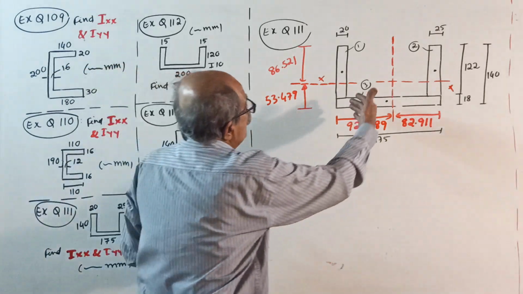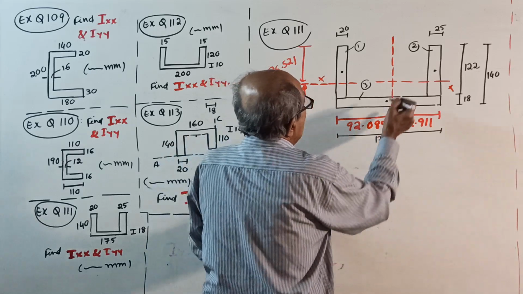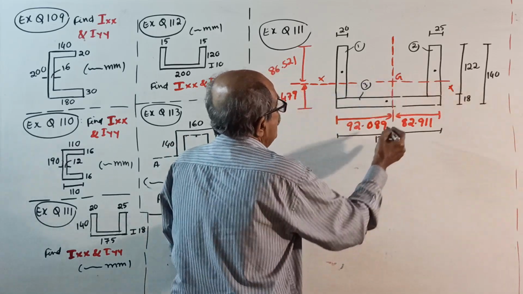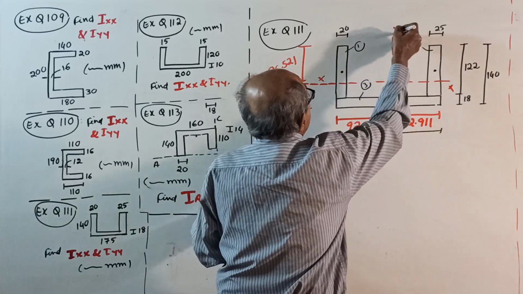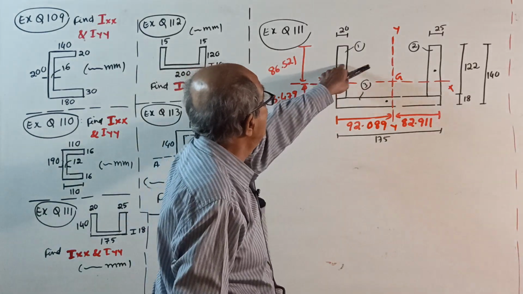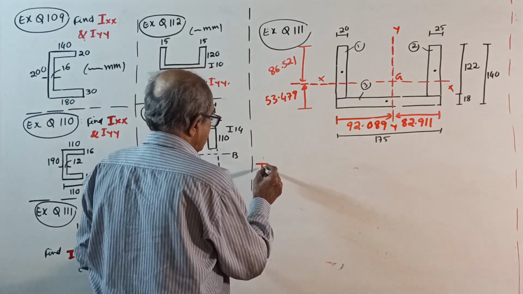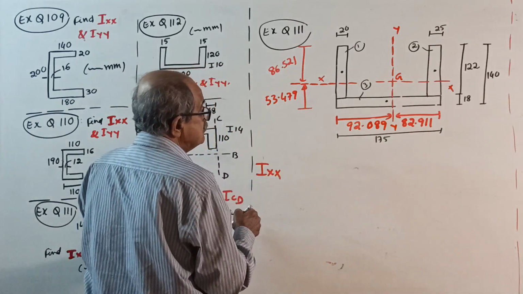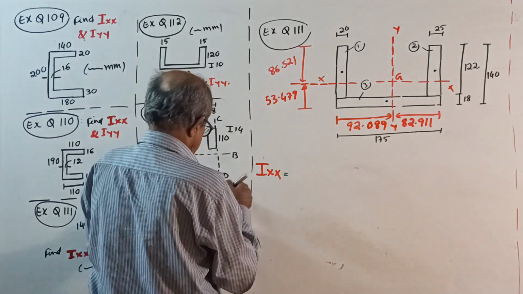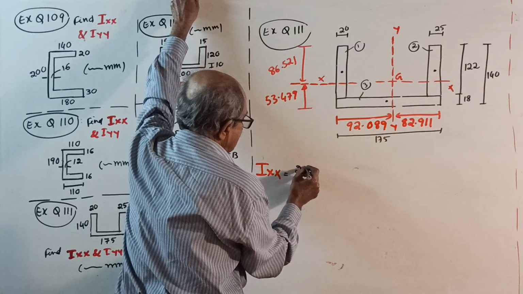Okay, start. I located the centroid. I won't waste time writing it every class. This is centroid G. When I do YY, I may not write YY also. When I do the calculation, my order is 1, 2, 3. Start, IXX. Now into 2 you cannot make. IXX: 120 into 122 cube by 12.